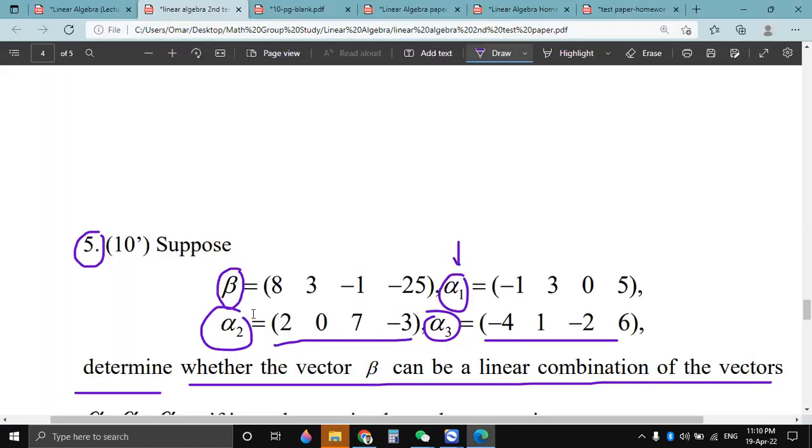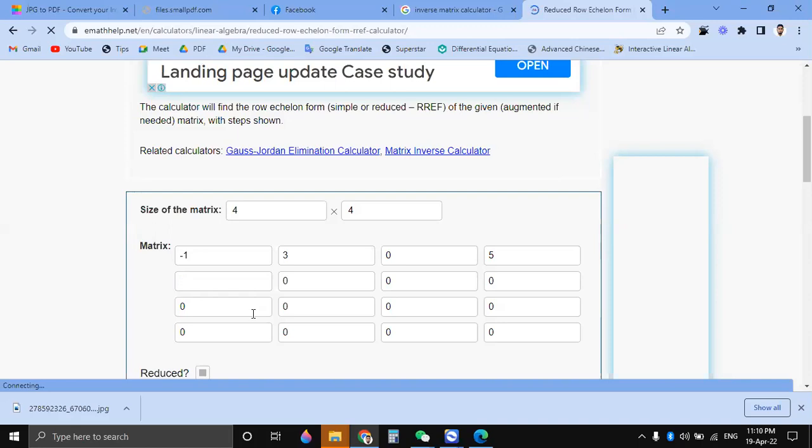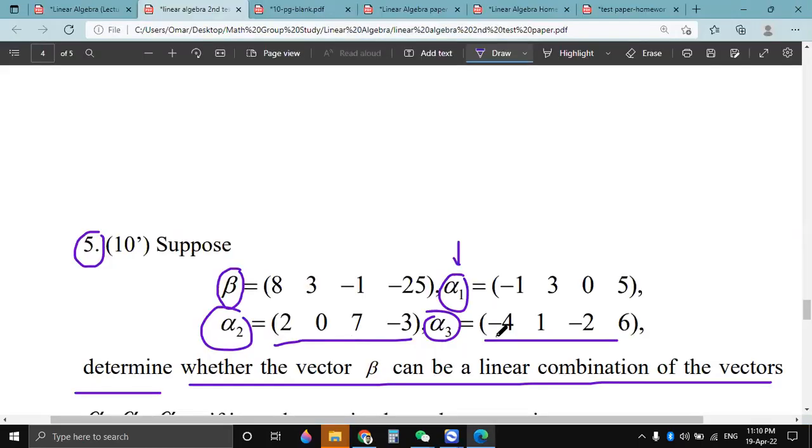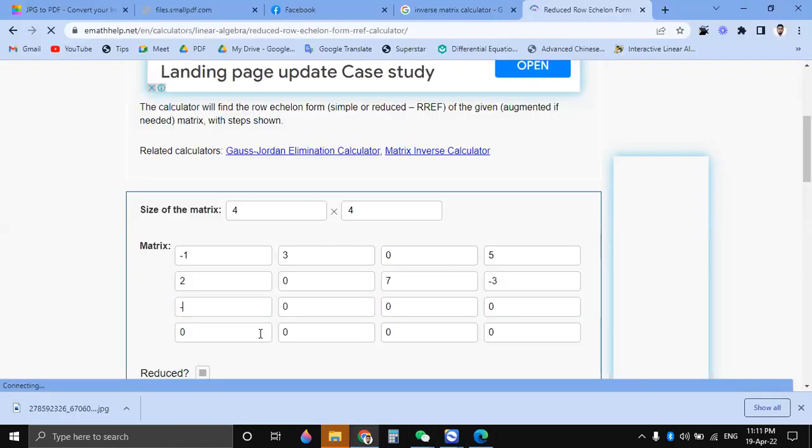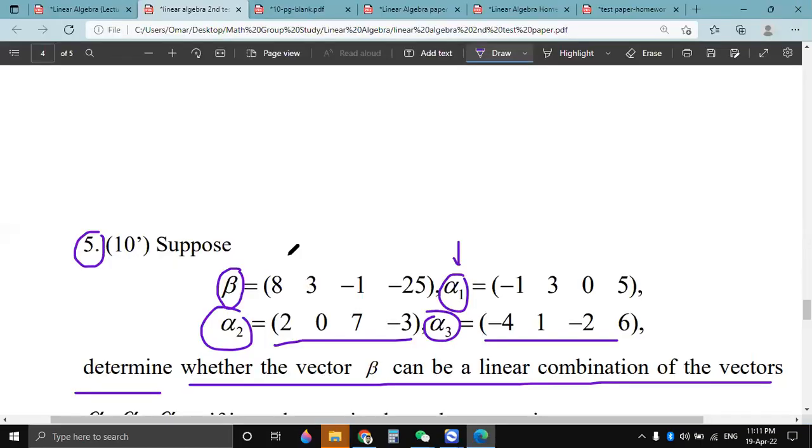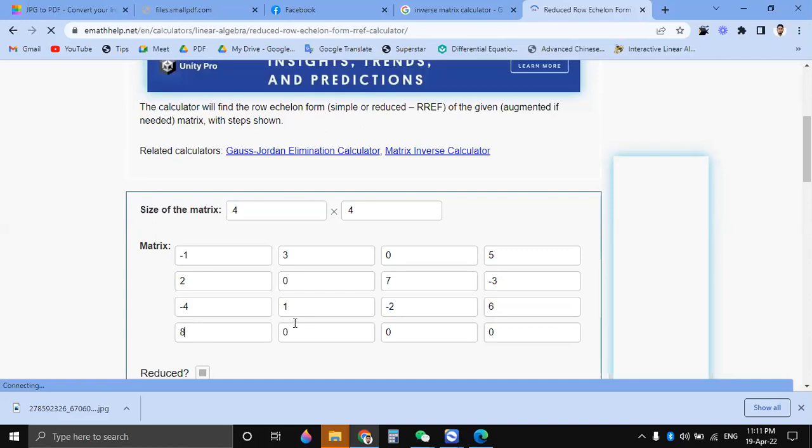Then 2, 0, 7, minus 3, and then minus 4, 1, minus 2, 6, and then beta, right? So 8, 3, minus 1, minus 25.